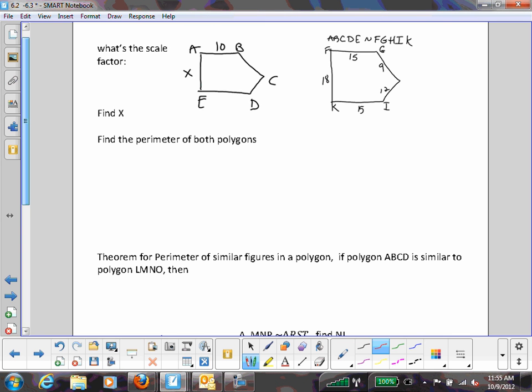What was your scale factor? 2 over 3. What was x?